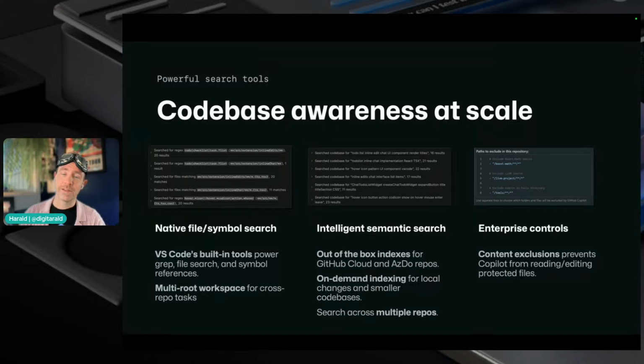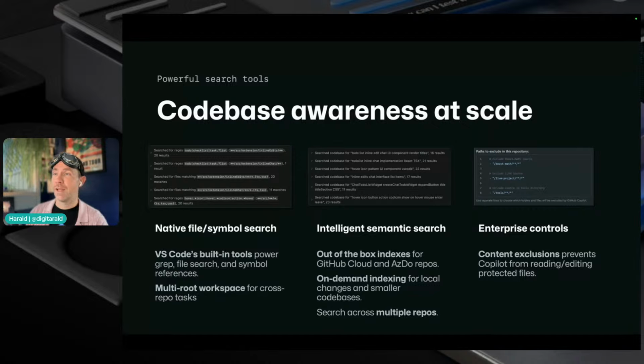Next up, we have intelligent semantic search. That's kind of what people understand with the codebase index or remote codebase index. And that works out of the box for GitHub cloud repos and Azure DevOps repos. As I already mentioned before, as soon as you have a branch or changes locally that are not indexed remotely, we actually calculate the diff of that semantic search locally and fold it into the remote index.